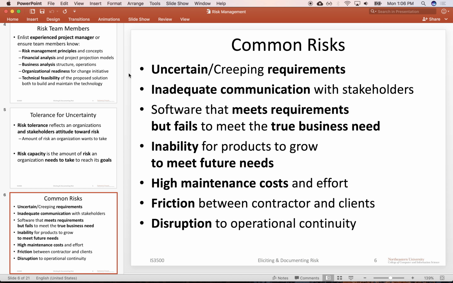Inadequate communication: folks are traveling all the time, they're unavailable, the stakeholders don't have a commitment. Also whether the software stack that you chose was indeed the appropriate one for meeting the actual needs of the business.